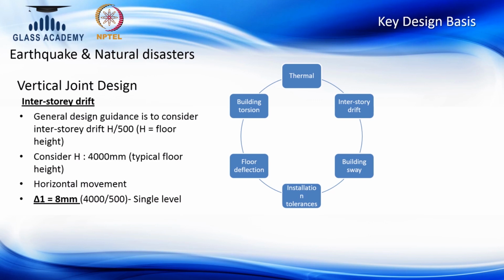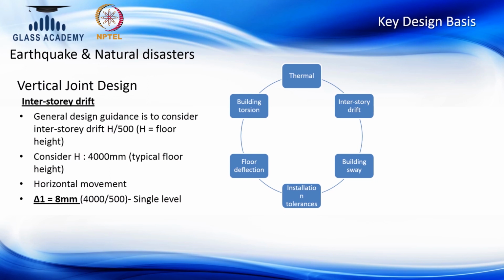Vertical design is critical if the curtain wall is going continuously up the tall building and it is passing several floors above, and it should be checked for two things: vertical and horizontal movement as well as inter-story drift. Inter-story drift is mainly from floor to floor. Drift is happening sideways due to the building sway.